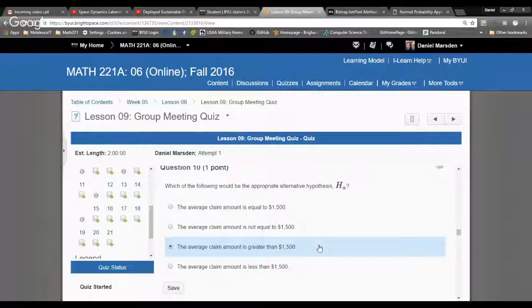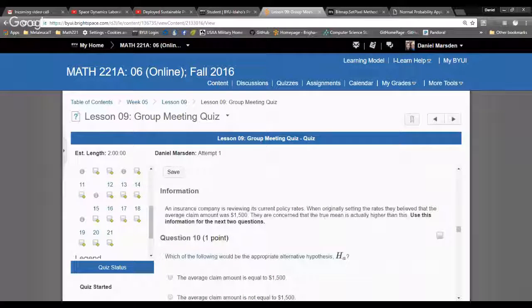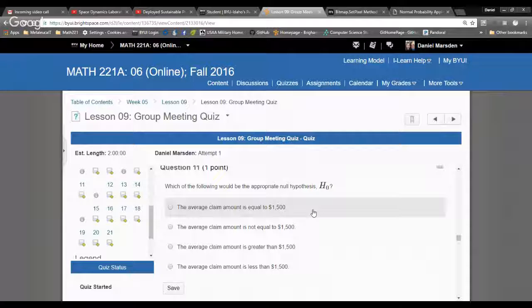Which of the following would be an appropriate alternative hypothesis? I think that would be C, the average claim is greater than, because they are concerned that the true mean is actually higher. And I'm going to go with A on the next one, the null, equal to.